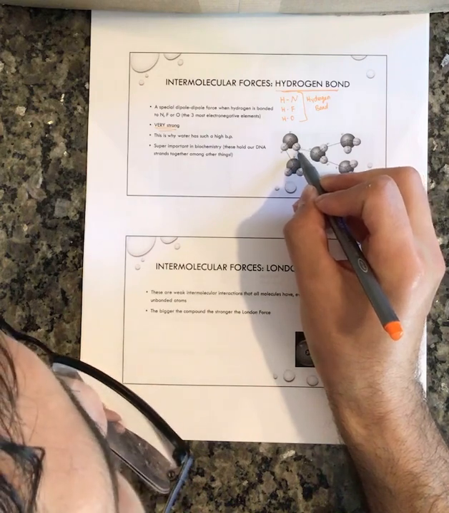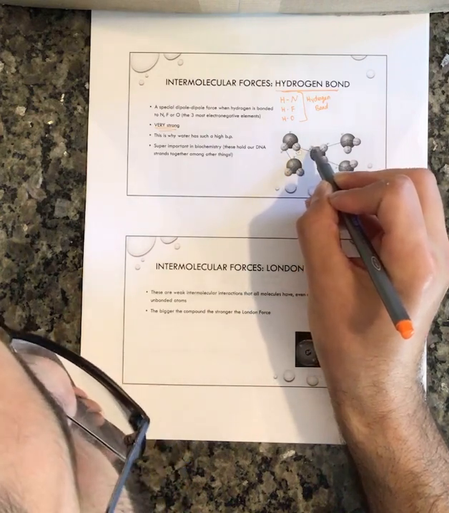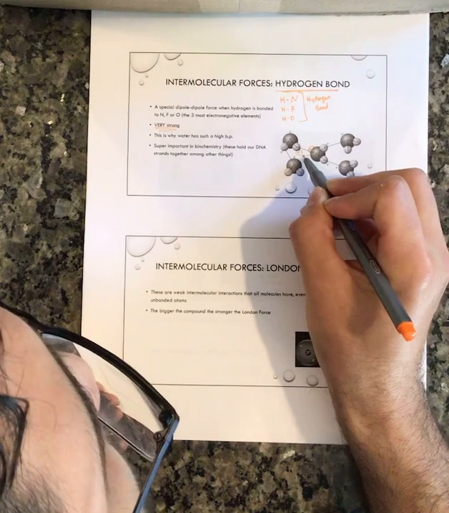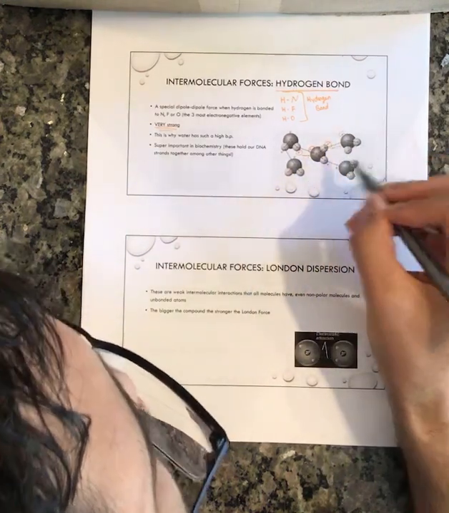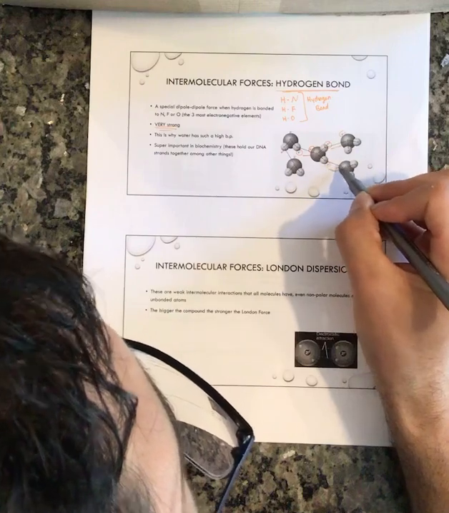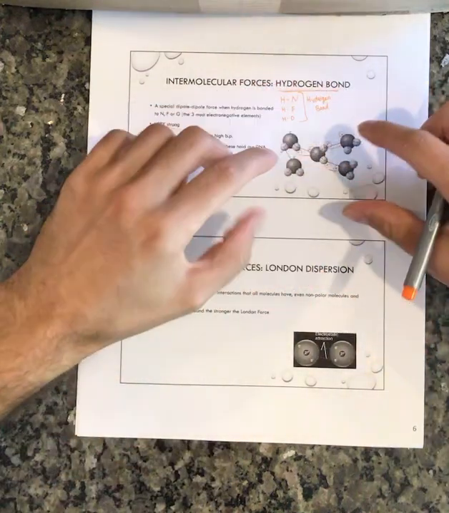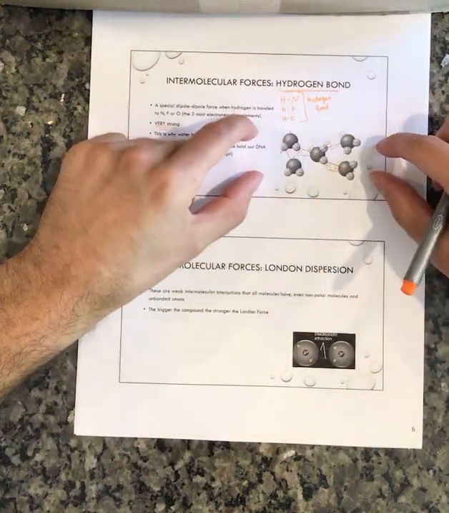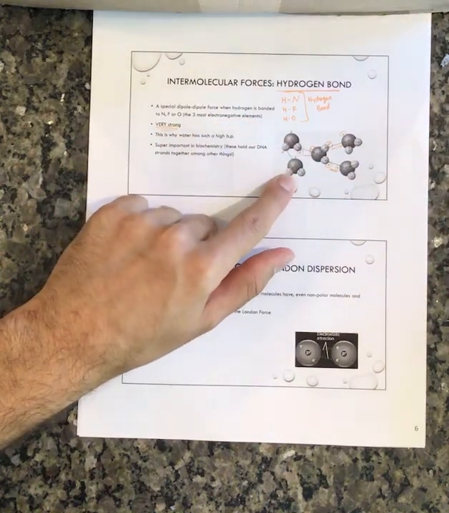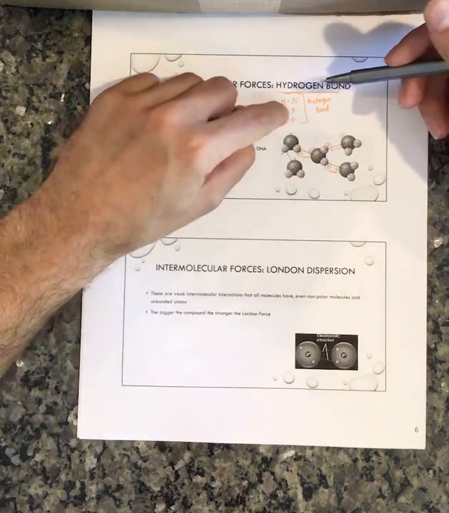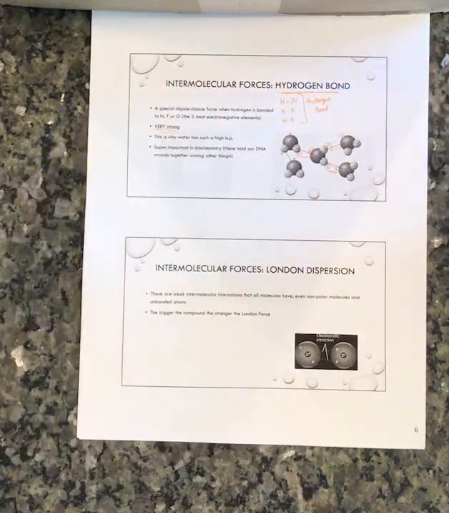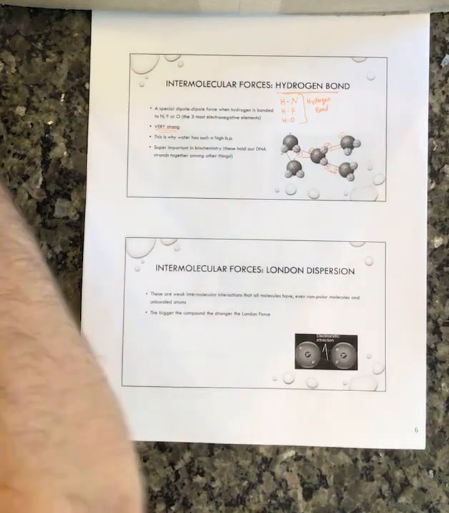The positive side of the hydrogen is attracted to the negative side of the opposite oxygen. Same thing here, positive to negative, there's an attraction. So this is a dipole-dipole force. It's just a stronger one, and the reason why it's stronger is because nitrogen, fluorine, and oxygen are your highest values. So it's going to be stronger there.